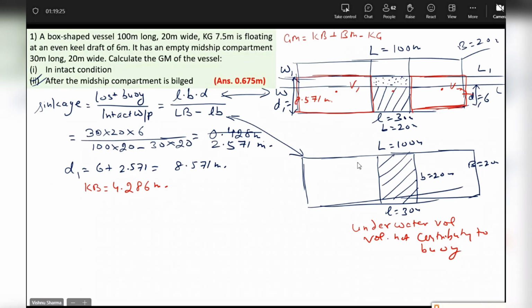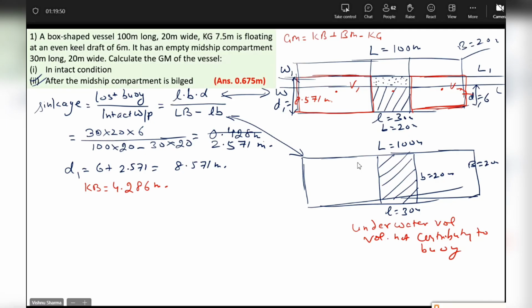It's a box-shaped vessel, remember that. What will be the distance of the geometric center of this underwater volume from keel? D1 by 2. D1 by 2 is one answer. How many of you are in agreement, or does anybody want to differ?